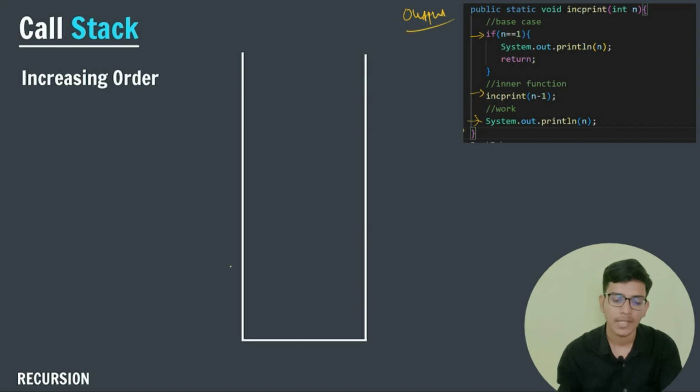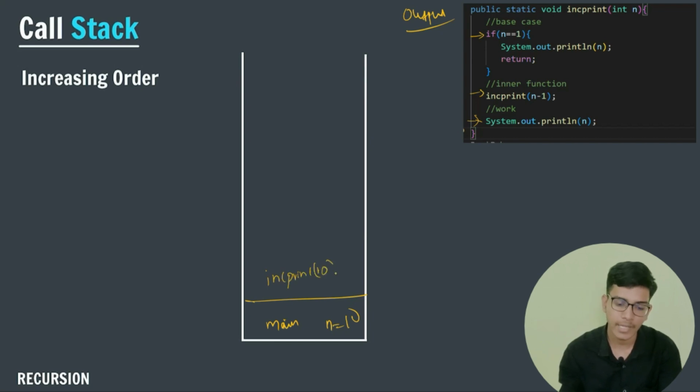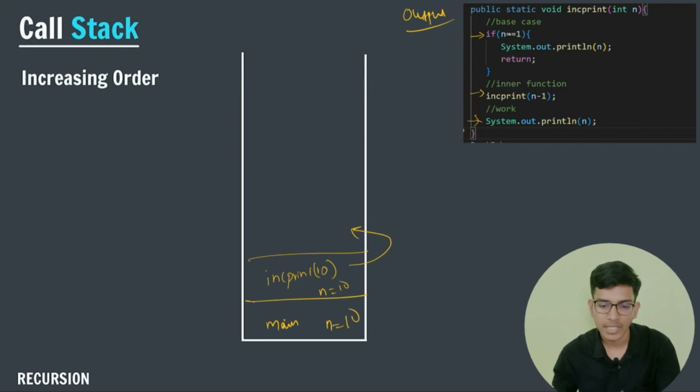Initially the control is in the main program, and the value of n is equal to 10. Now I am calling my function incPrint 10, so incPrint will store the value of 10. Here n is equal to 10, so it will check if n is equal to 1. No, n is equal to 10 here, so it will not go into the if statement.